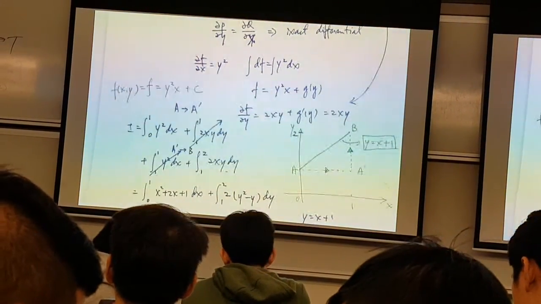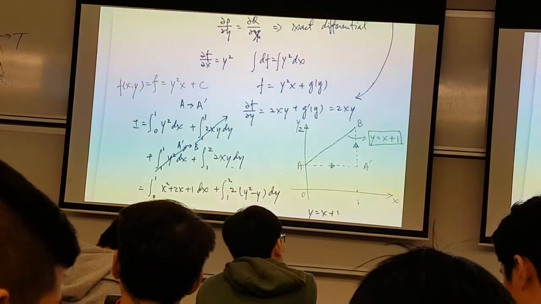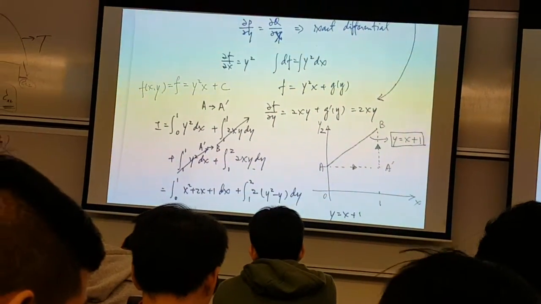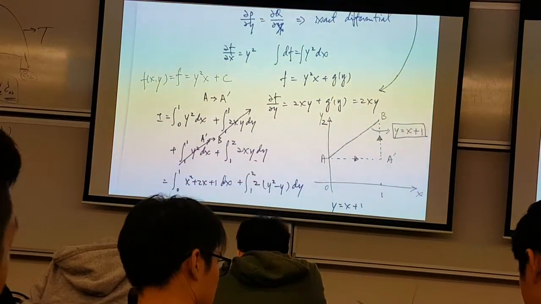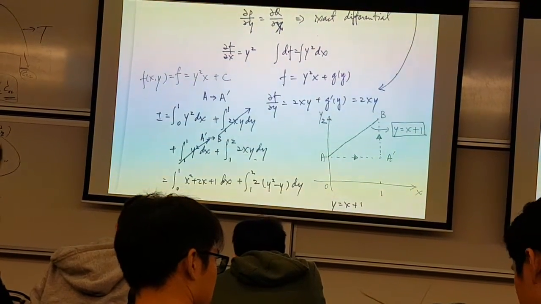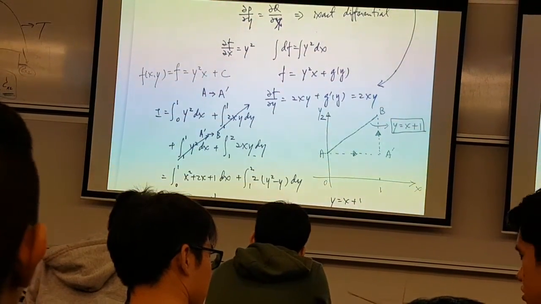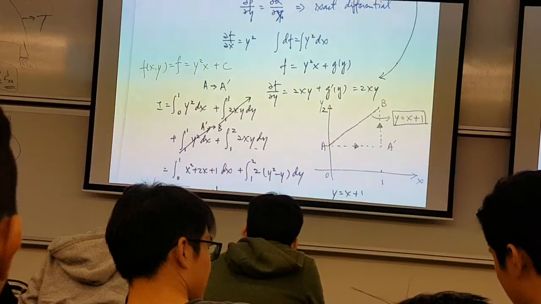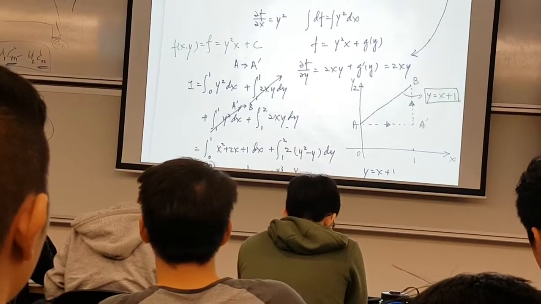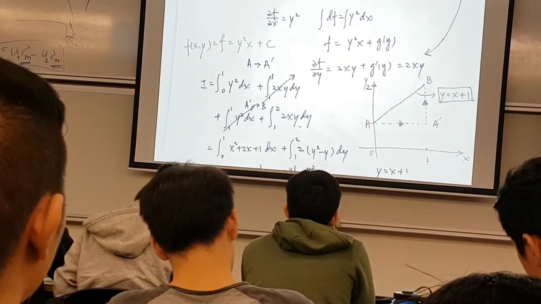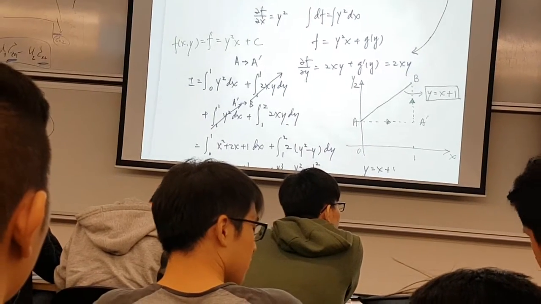I got it. Okay, all right. So from here, what you end up with is x cubed divided by 3 plus x squared plus x, from 0 to 1, and then on the other side, you have a 2, so you have y cubed divided by 3 minus y squared divided by 2, taking it from 1 to 2.